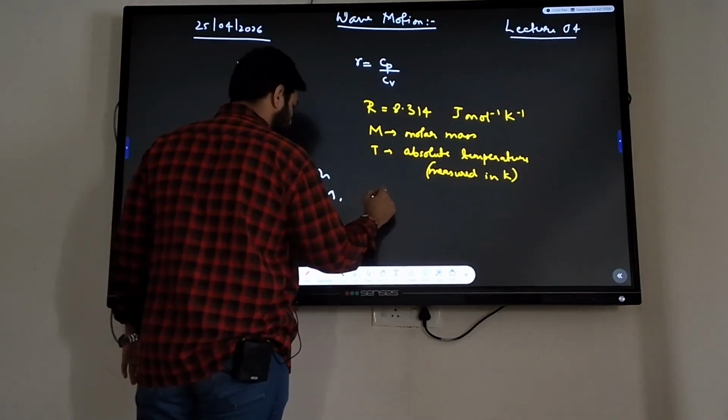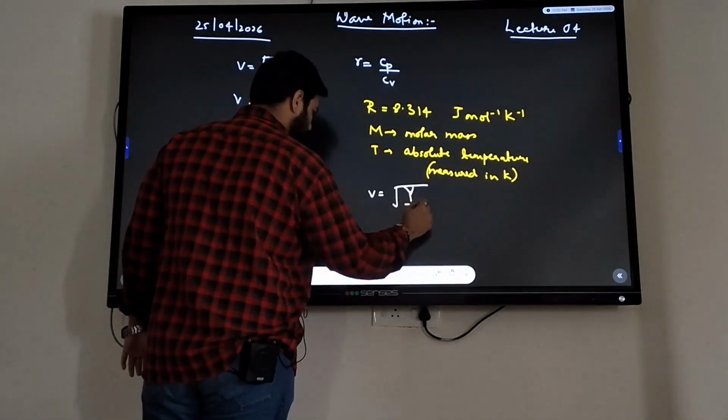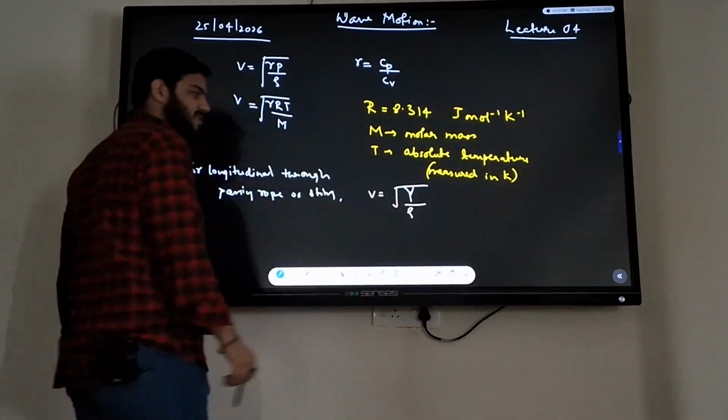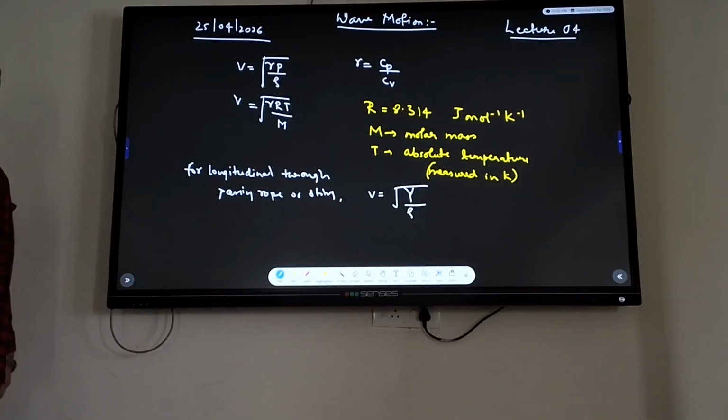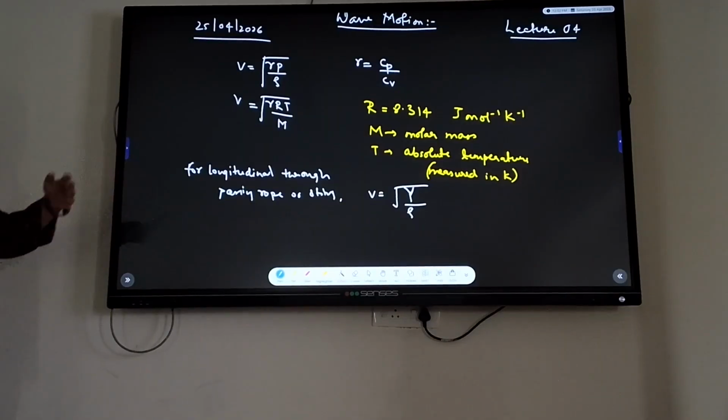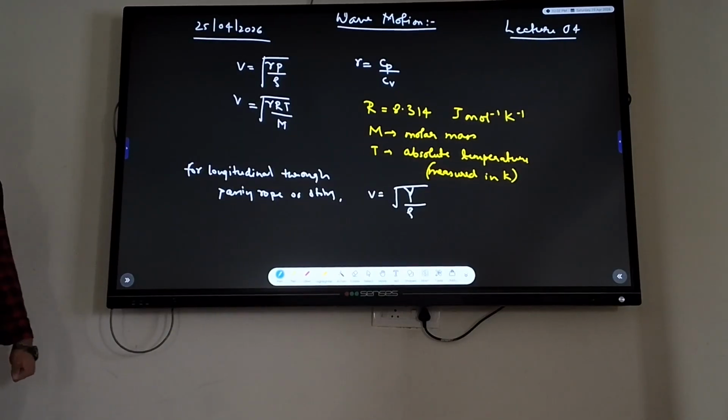V was equal to under root Y by rho, where rho was the density of the medium and Y is the Young's modulus of this rope or spring. I think I have written these things last time.